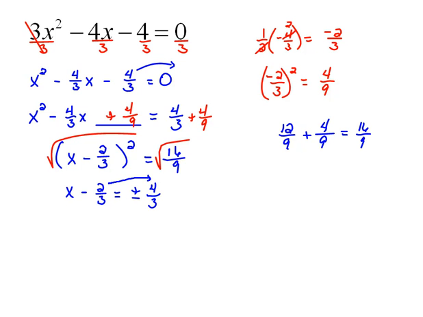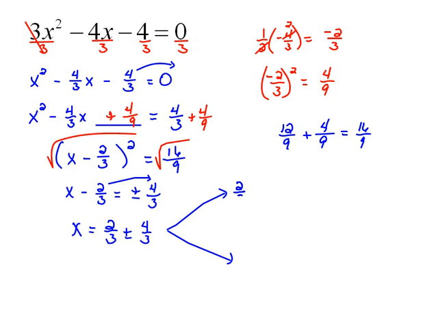And then we do have to get x alone, so x will equal positive 2 thirds when we move it over, plus or minus 4 thirds. Now here again, this is two separate answers written compactly. And because these are just fractions, we should be able to combine them further.